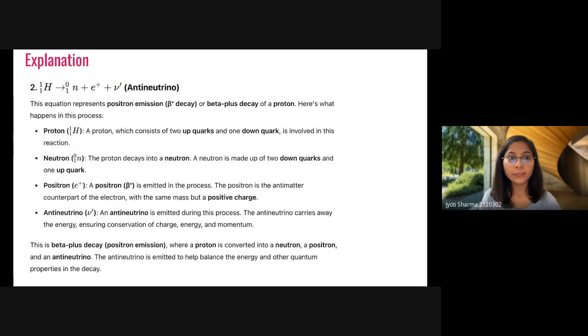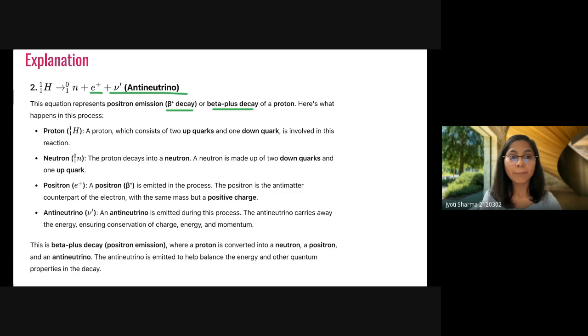I have another example to show you the role of the antineutrino. How can this antineutrino help? If we have the positive one, this is known as beta plus decay, right? And if we have beta plus decay, then this will give you the antineutrino.